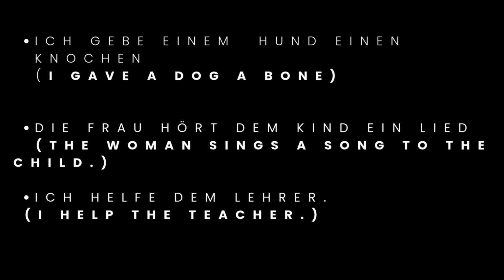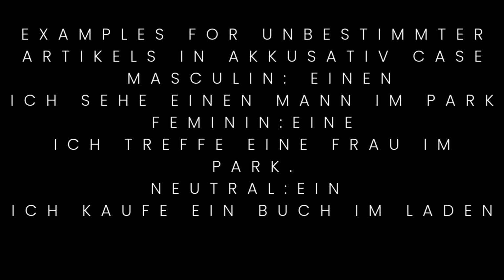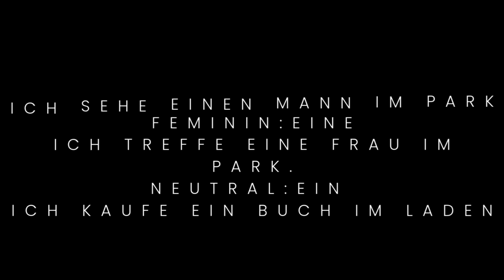You can see the unbestimmter article ein changes to einem for the dative object or indirect object of the action gebe, and in the same sentence you can see the object of the action, or accusative object, einen Knochen, since Knochen is an accusative masculine object. Examples for unbestimmte articles in the accusative case for masculine, feminine, and neuter nouns are shown here.